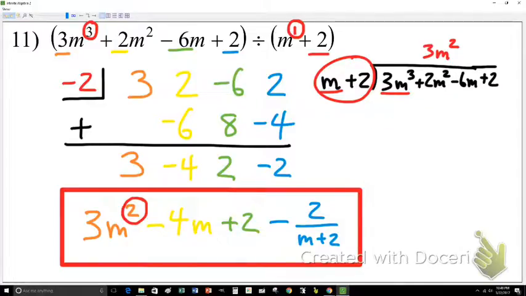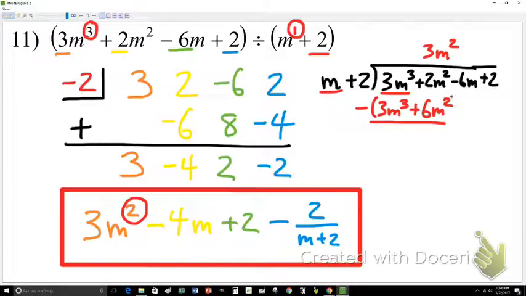So 3m squared times m is 3m cubed. And that 3m squared above there times the 2, that would make plus 6m squared. Then I can subtract all this from the top 2 terms. Now if I do that, it's a little bit more difficult, so how about we just distribute that negative and then add instead of subtract.